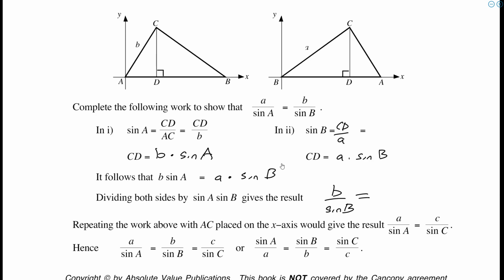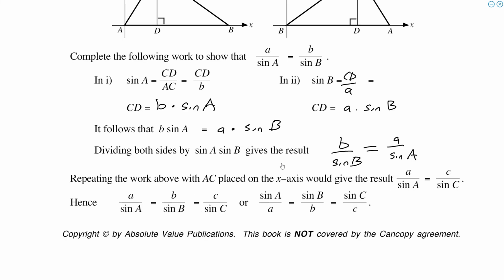And if we do this to the right side, divide by sine A over sine B, we end up with A over sine A. Sine B is canceled. So we find out that B over sine B equals A over sine A. And if we did the same thing but rearranged the triangle so that AC was on the x-axis, we would find A over sine A equals C over sine C. So we have this proof of the sine law.